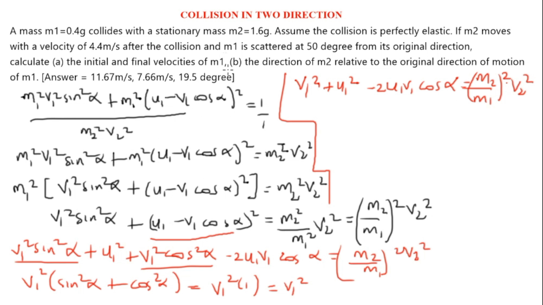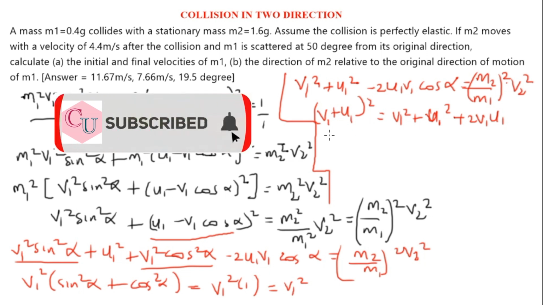Now we can simplify it further, but recall that (v1 plus u1) all squared is equal to v1 squared plus u1 squared plus 2v1 u1.